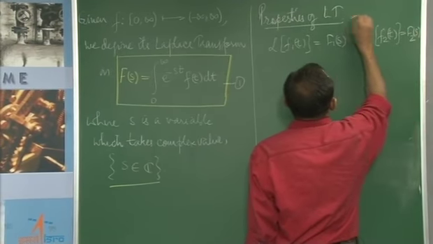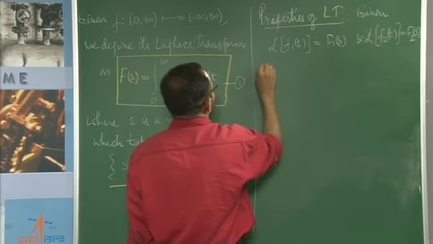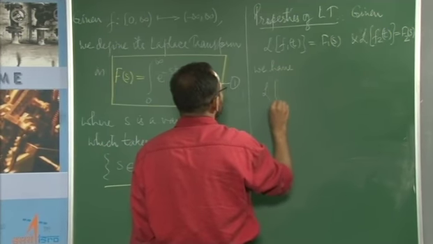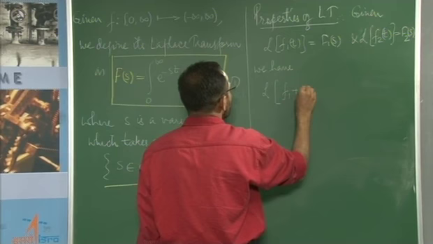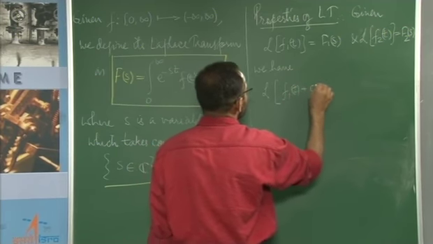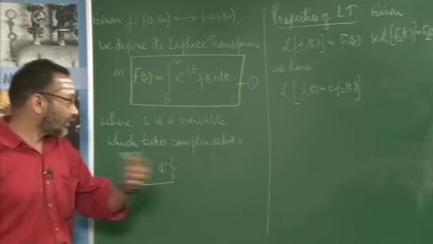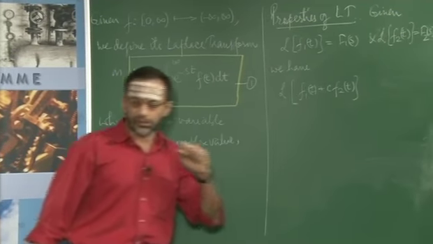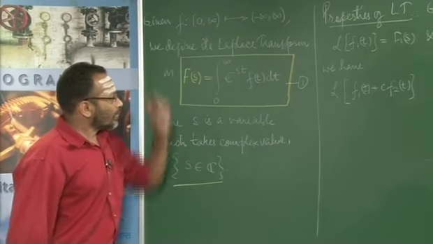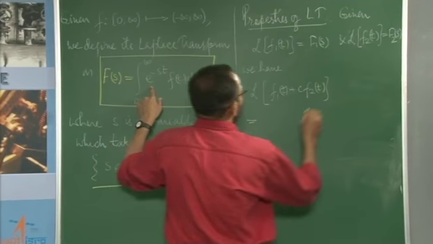What it means is, given this, then we have L of f1 of t plus, let us say I have a constant c, times f2 of t. This is called the linear combination of these two functions, f1 of t and f2 of t, such that f1 and f2 satisfy this.